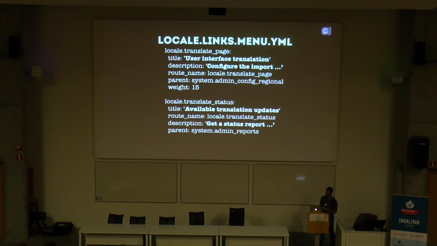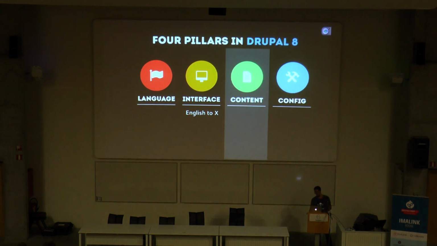You just have the title and the description there, and they will be translated. Drupal core will translate those, and you will have these strings for translation on the string translation page. So if you are writing your own menu links, you just have to write the text in English, and you will find a way of translating in the user interface.